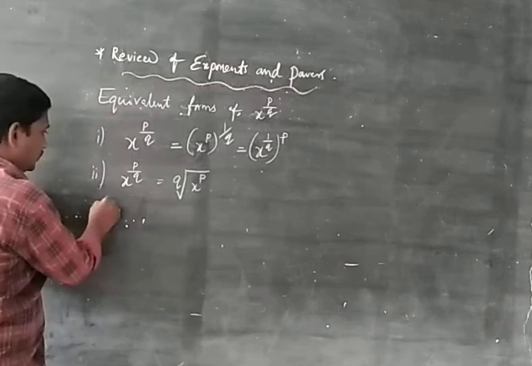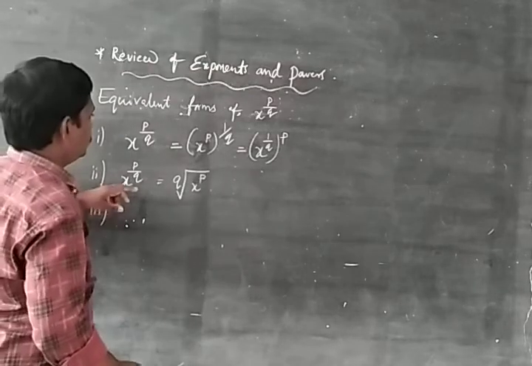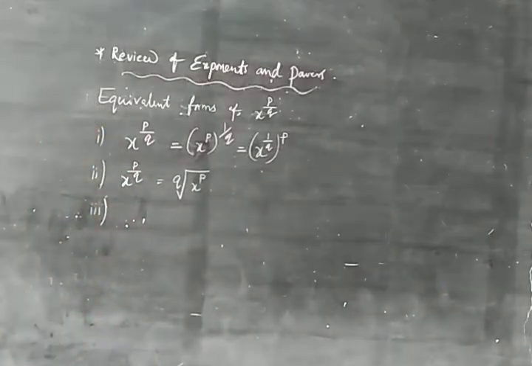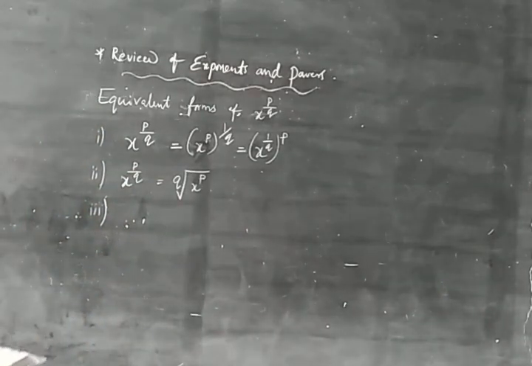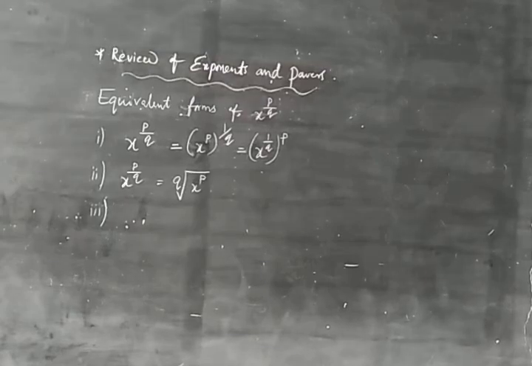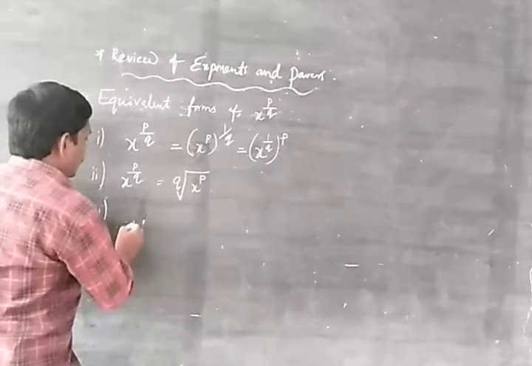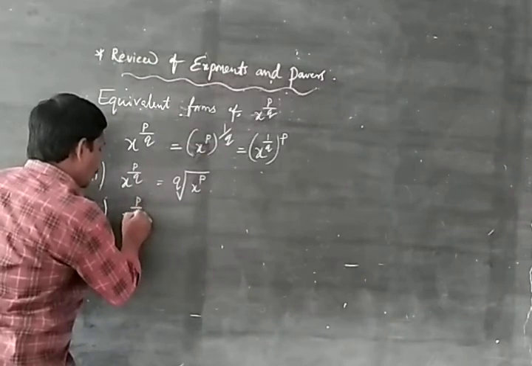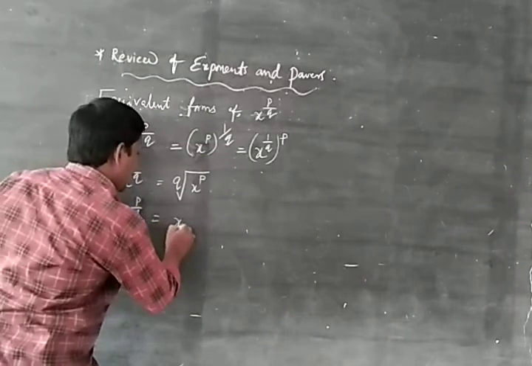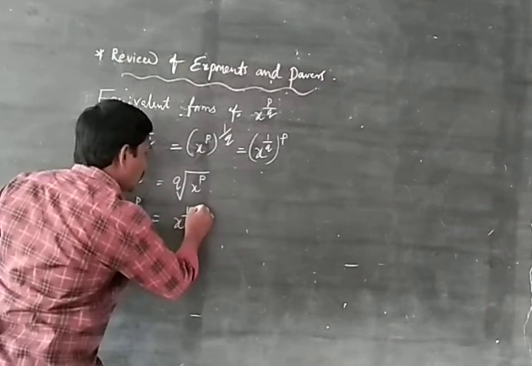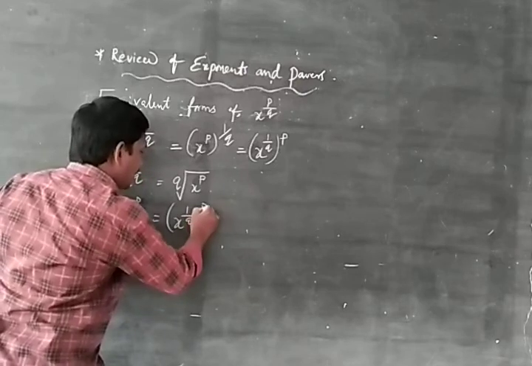And the third one: x power p by q equals (x power 1 by q) whole power p.